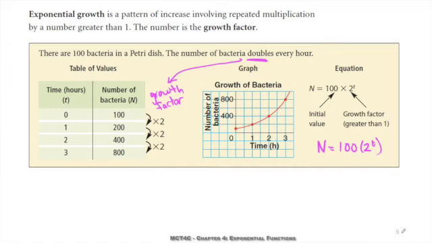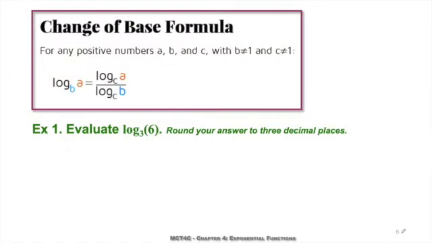And a final example I'm going to use for logarithms that you might need is the change of base formula. For any positive numbers a, b, and c, b cannot equal 1 and c cannot equal 1. We're going to evaluate log base 3 of 6 and round our answer to 3 decimal places.